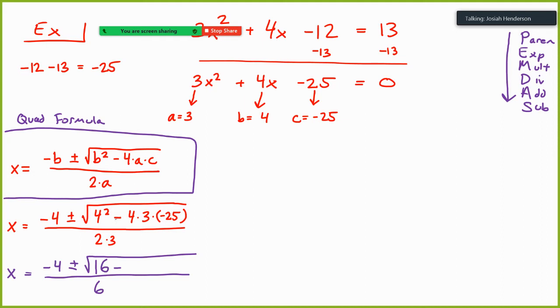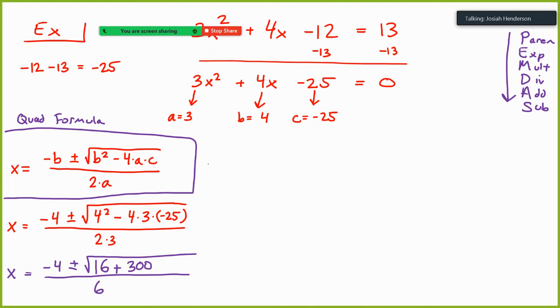Now, one other thing, folks. Notice it's minus all the multiplication, right? Minus the 4, 3, and 25 is negative. So here we're having negative times a negative, so it's going to turn into a plus 300. Multiply the numbers and then worry about the negative signs.